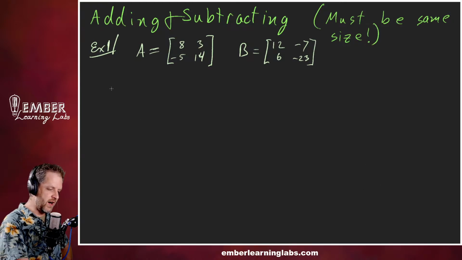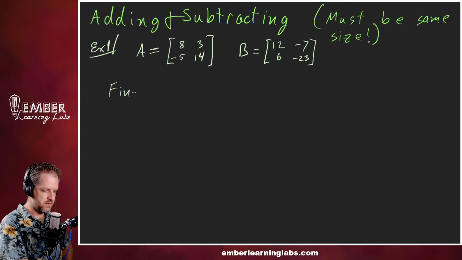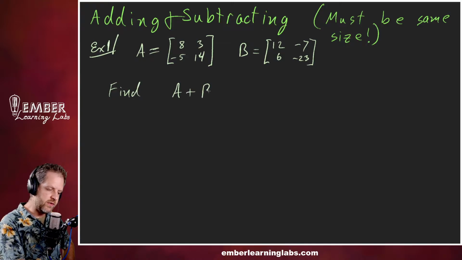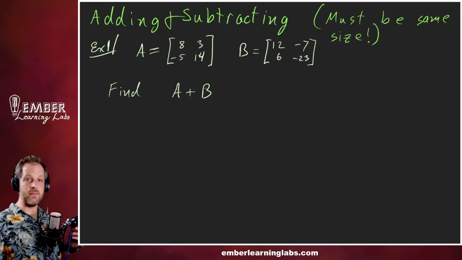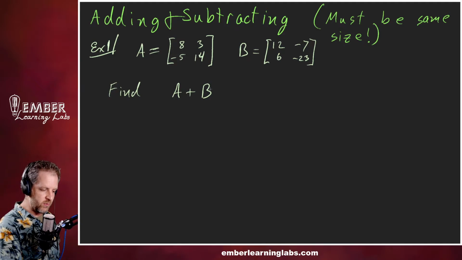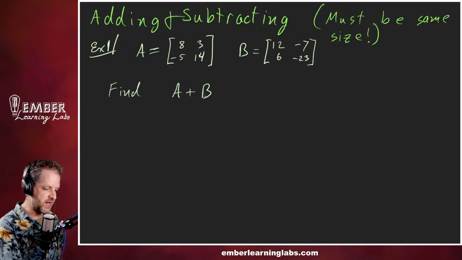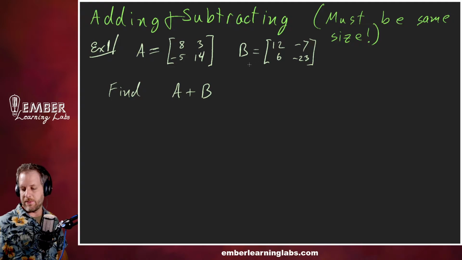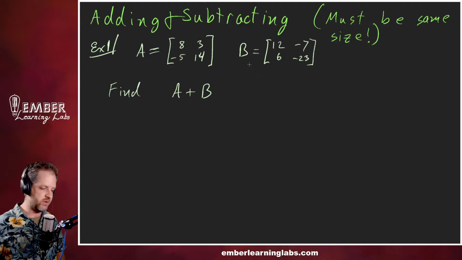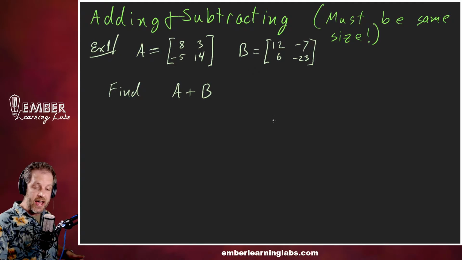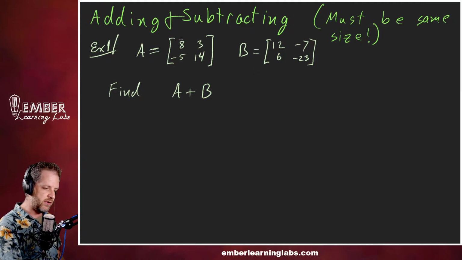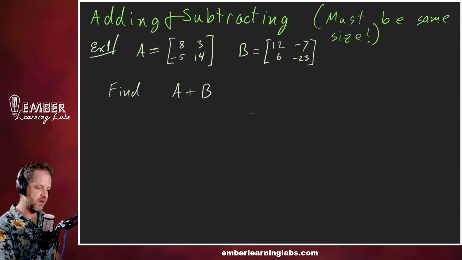So we want to find A plus B. You'll notice, if this happens to be the first time you've seen matrices, that we label matrices with capital letters, so matrix A, matrix B. The way you add is element-wise.